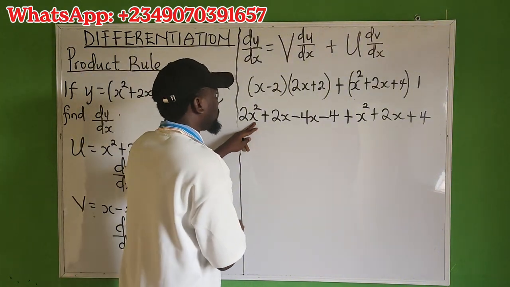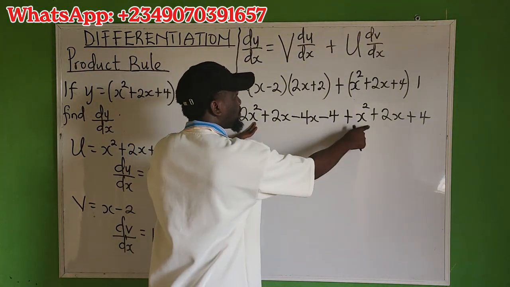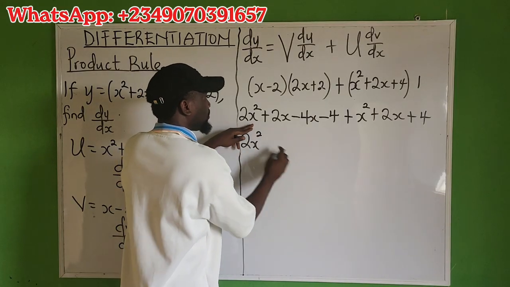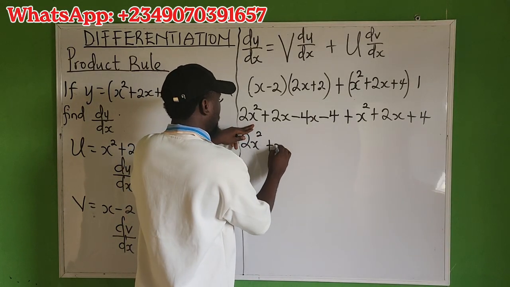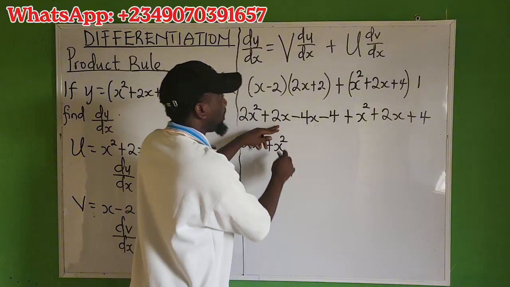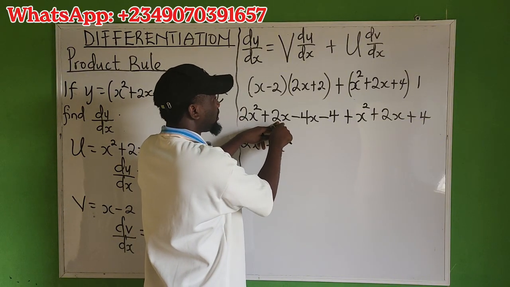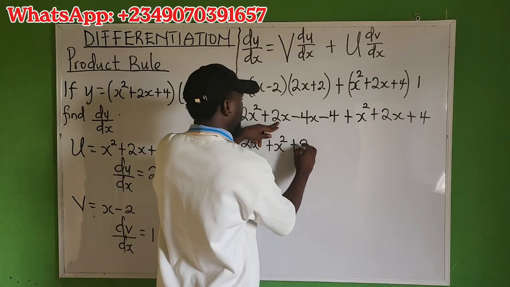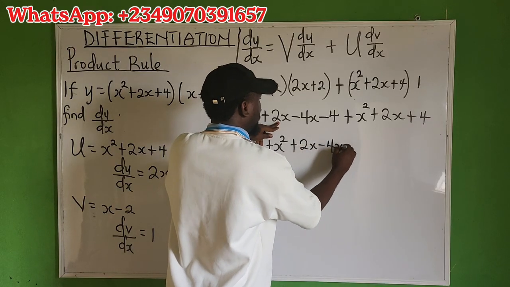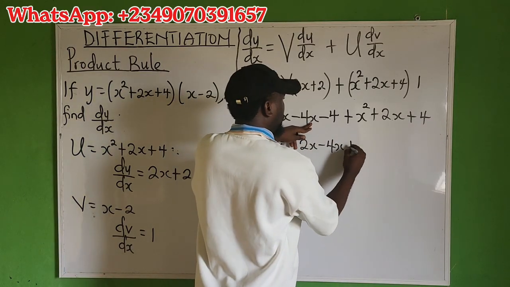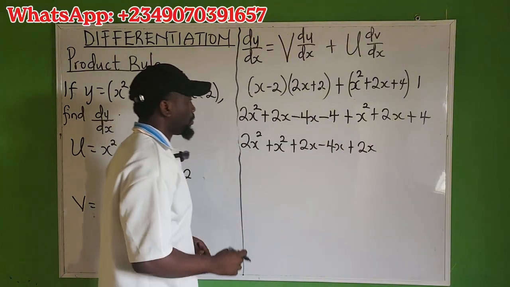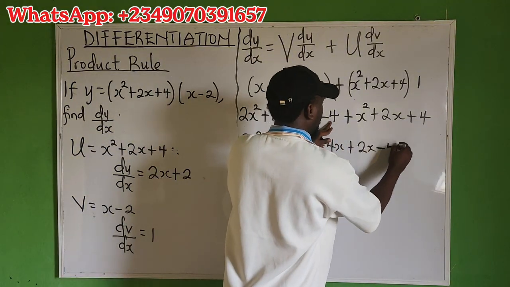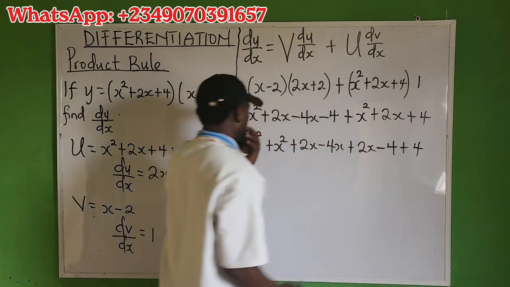So we have 2x squared here and we have x squared, so we are going to collect like terms. This gives us 2x squared plus x squared. We have plus 2x minus 4x plus 2x here. Then we have negative 4 plus 4.